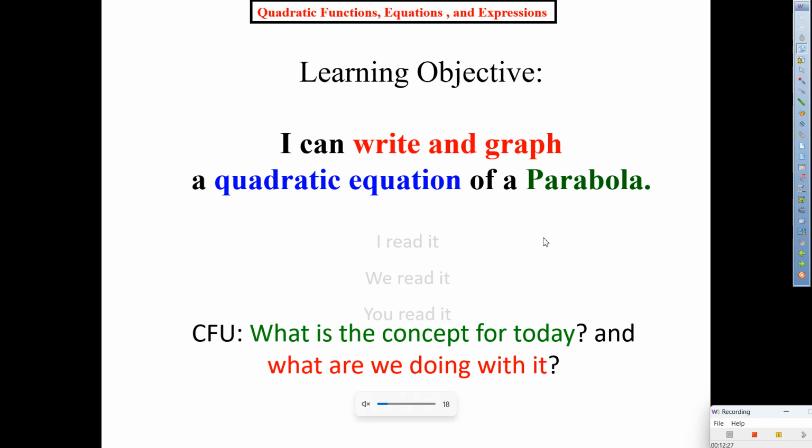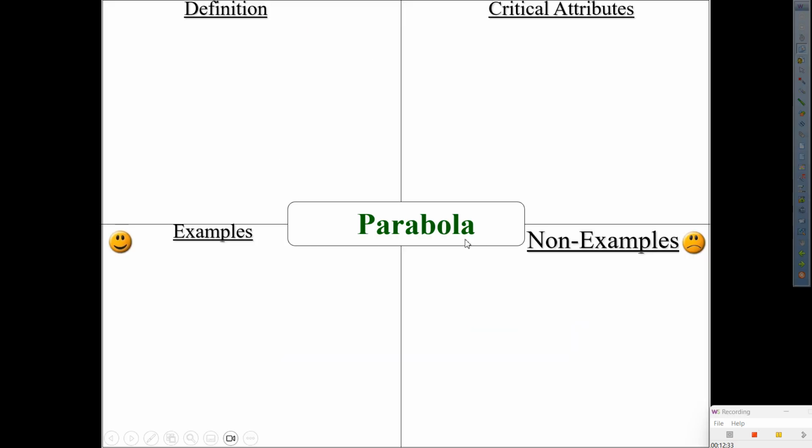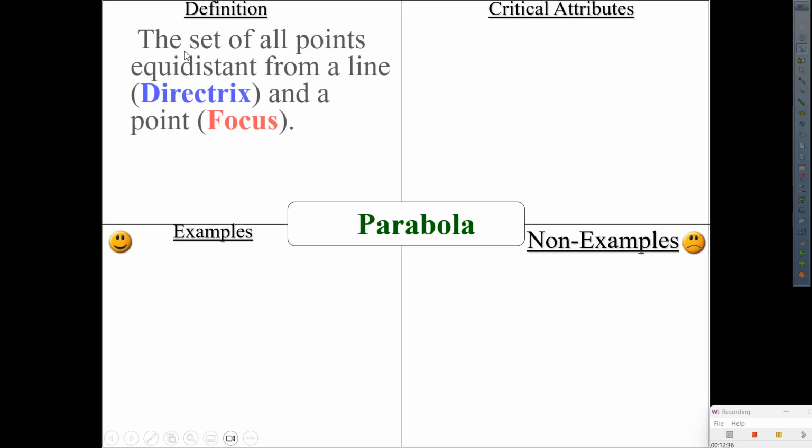Parabola. What are they? Write this down. Parabolas are the set of all points equidistant from a line called the directrix and a point called a focus.